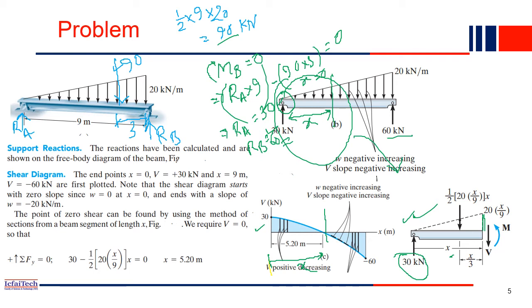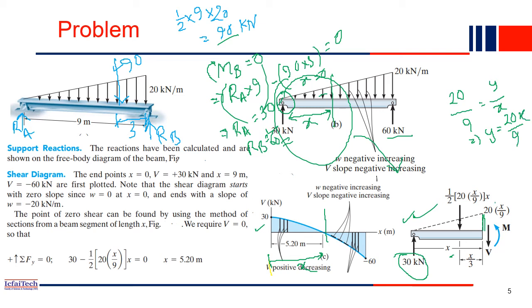This is a linearly varying load, right? Using the triangle equation, 20 by 9 equals y by x. From here you can calculate the value of y. So y will be 20 by 9 x.